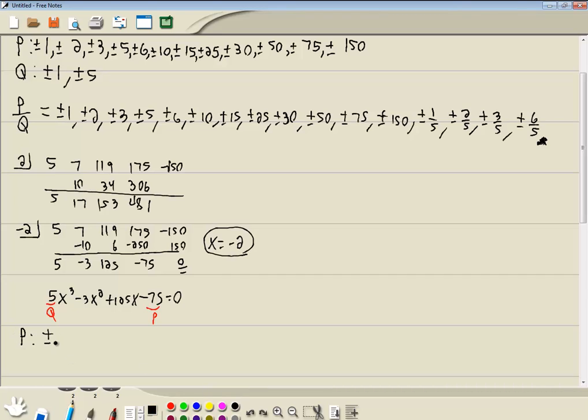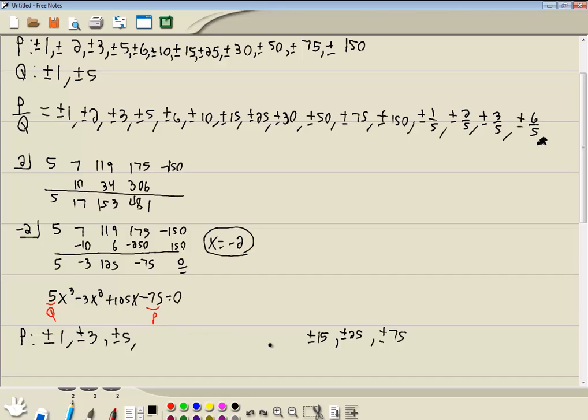So p is now going to be 1 times 75, 3 times 25, 5 times 15.